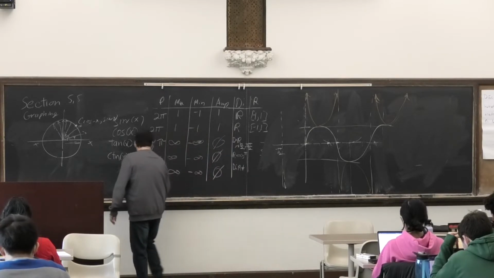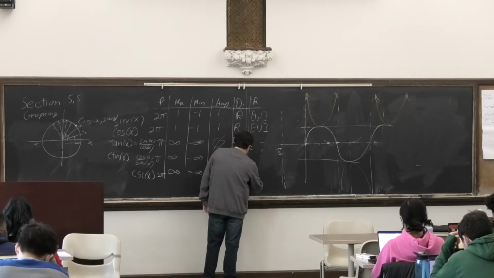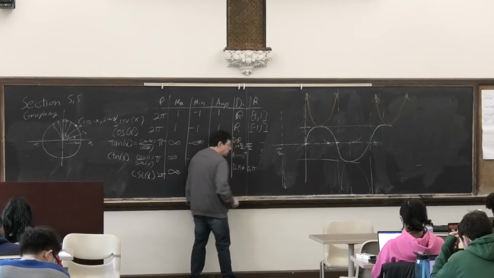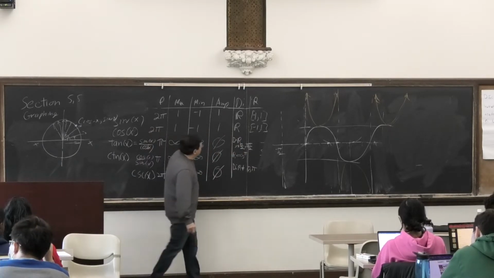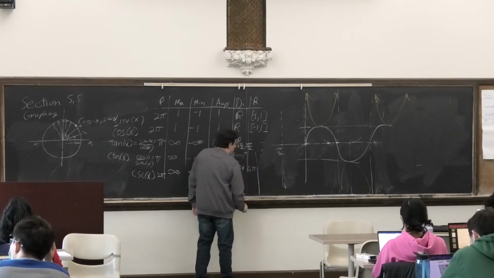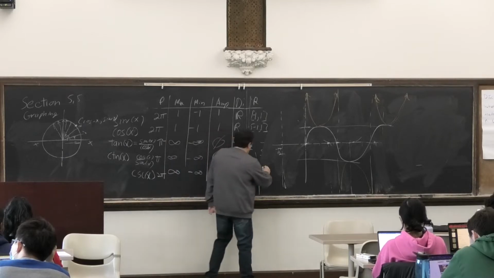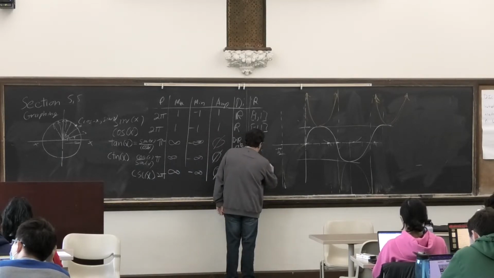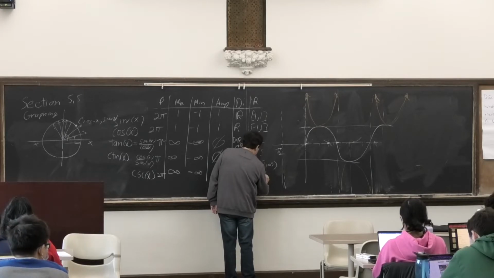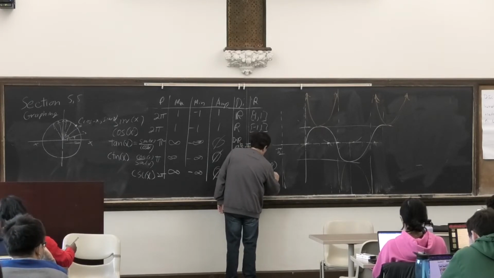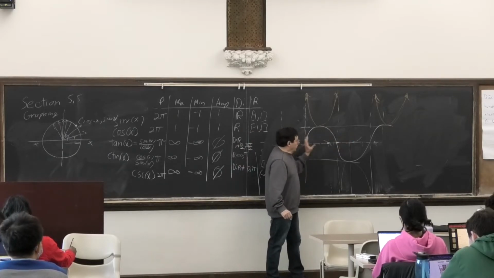The cosecant, 0 and pi and 2 pi n plus each of these. The range for both these functions, the cosecant and the secant, is going to be what? It's going to be 1 to infinity, but also negative infinity and negative 1. So the cosecant is eliminated from this part of the graph.